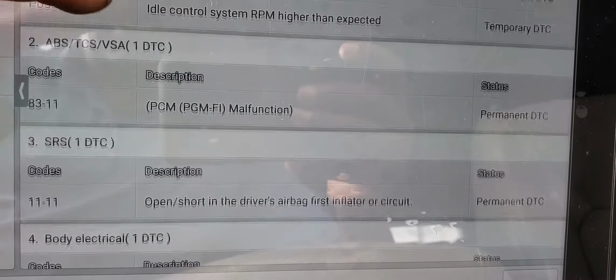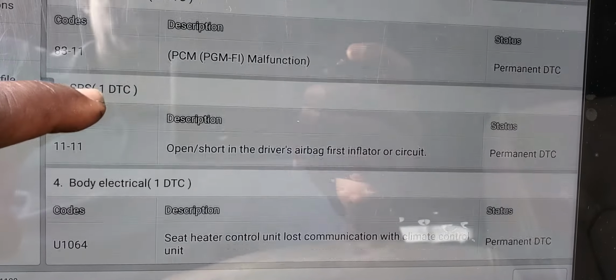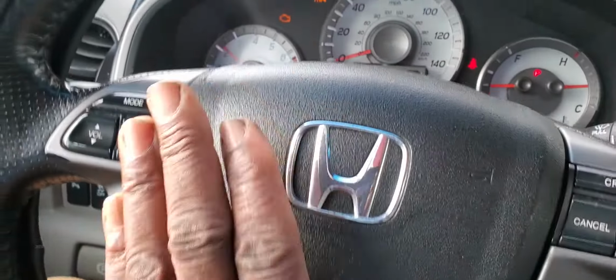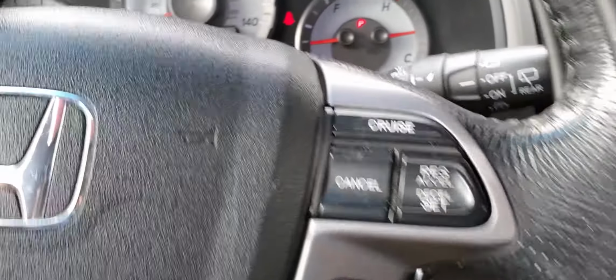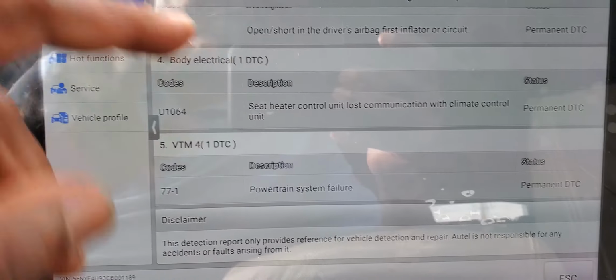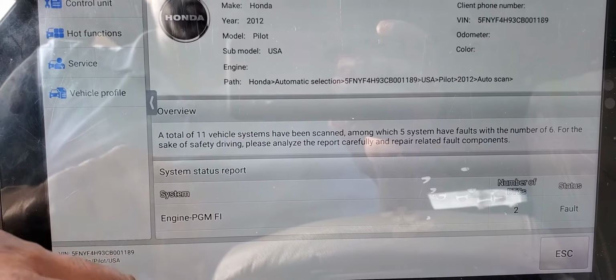And then we have the ABS, and the engine has a problem. Open short in driver airbag first inflator. This one here is the airbag light. If it's on, I don't see any airbag light, but it's okay. Maybe history. Okay, and then seat heater loss of communication. Okay, so those are what we have.